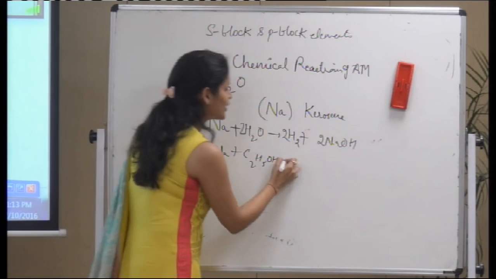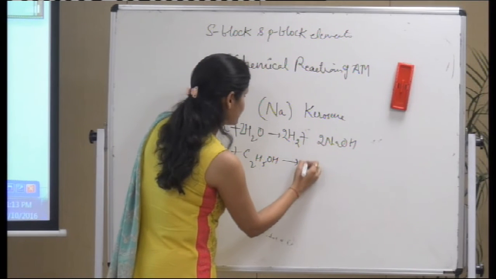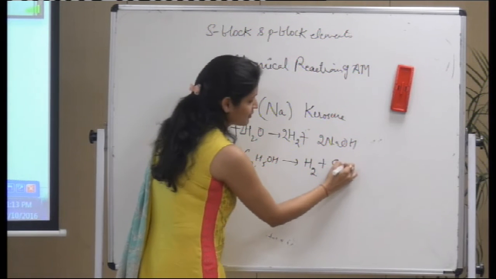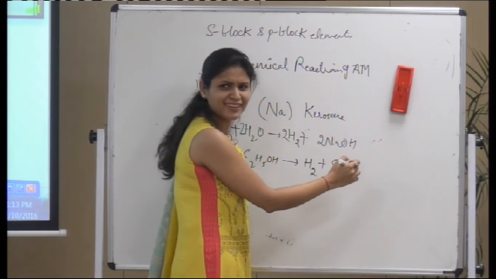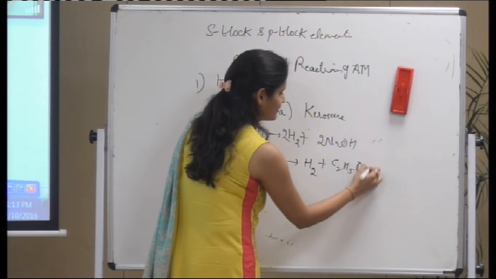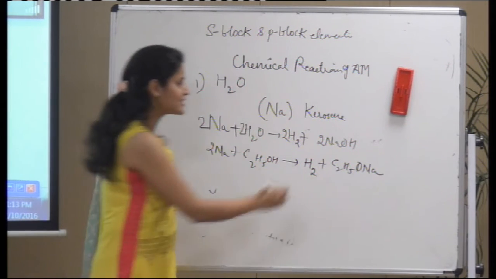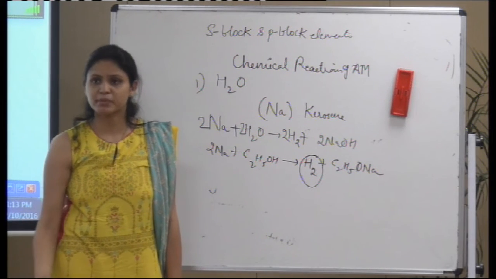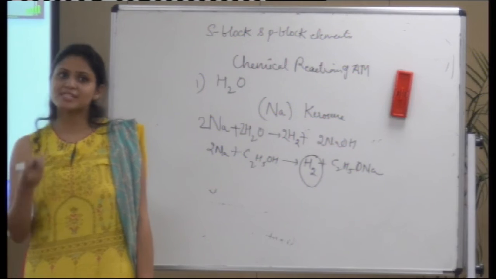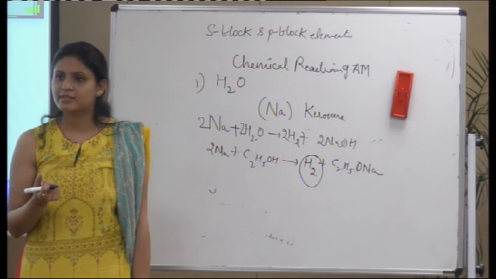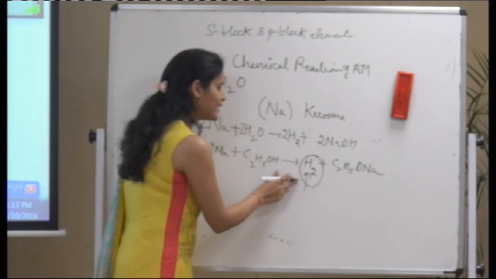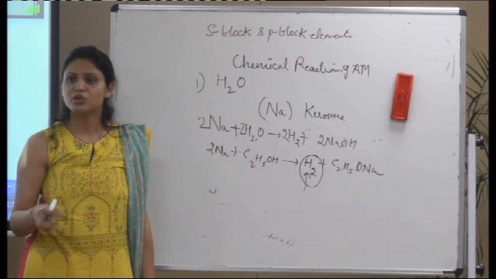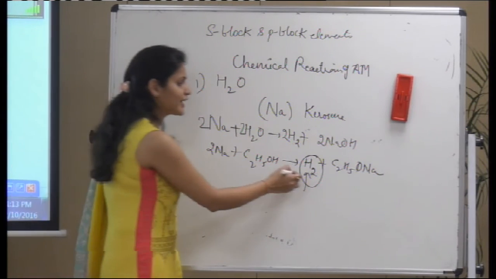Again, it will undergo a reaction to form hydrogen and C2H5ONa, right? This is a combustible gas. It will catch fire immediately because of its ignition temperature. What is ignition temperature? Ignition temperature is the temperature at which a substance catches fire. So its ignition temperature is very low, and hence these alkali metals are stored under kerosene or some other non-reactive liquid so that they do not catch fire.